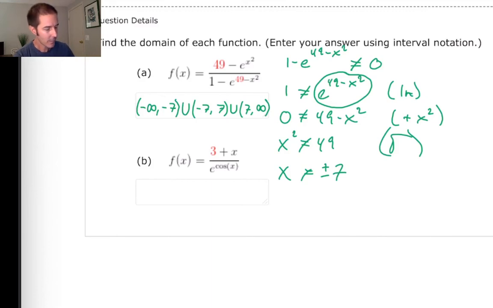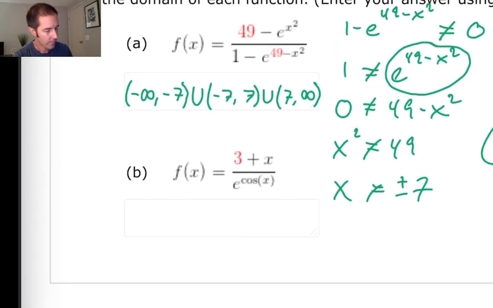If I take any of those range values for the cosine function, and I make them an exponent on e, e to the negative 1, e to the negative 0.257, e to the 0, e to the positive 0.3986, right, whatever, and what about e to the positive 1?